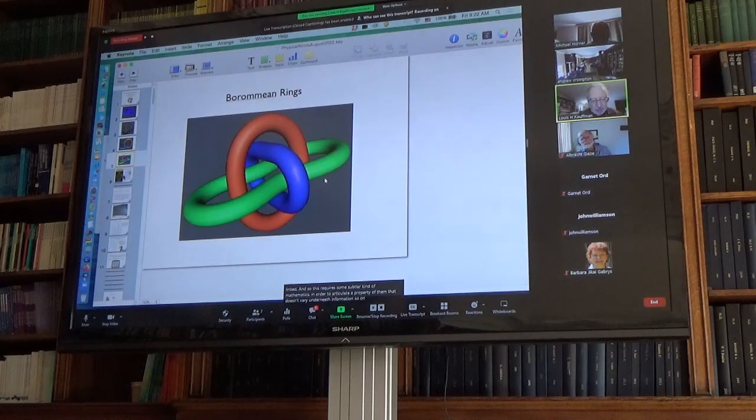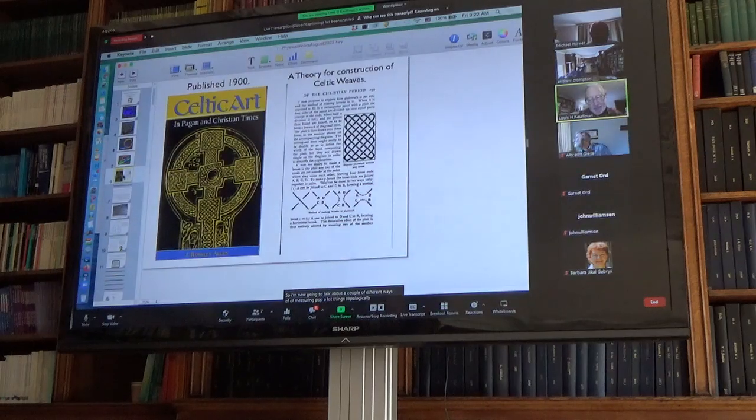So I'm now going to talk about a couple of different ways of measuring things topologically. And here I can trace an idea back to a non-topological source, but it isn't where the idea came from for me or for us, the non-theorists, but it's a well-known idea.